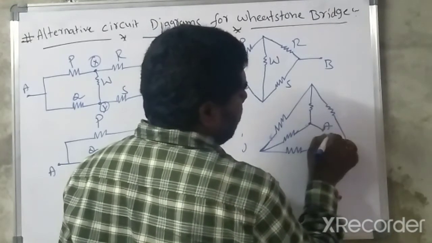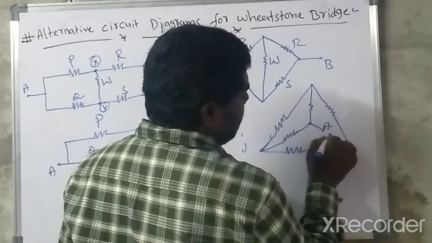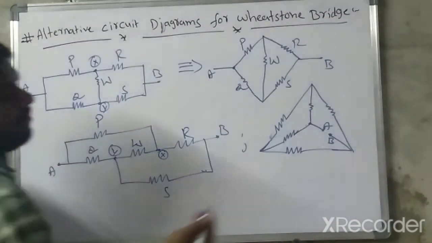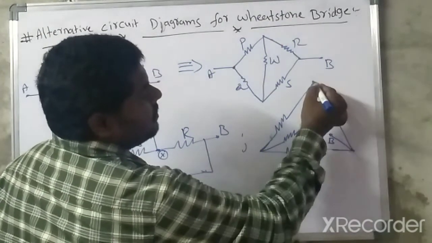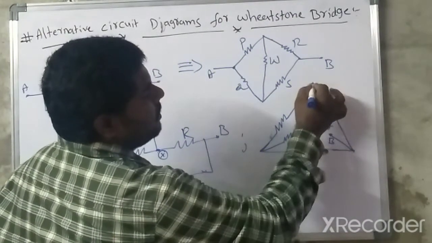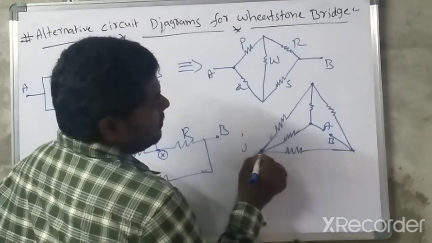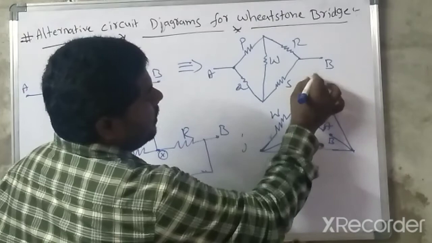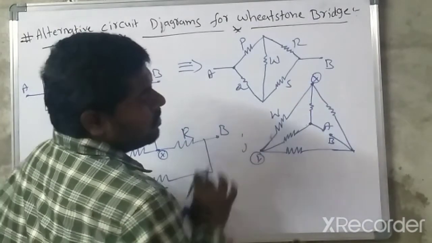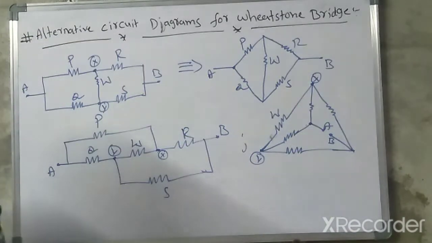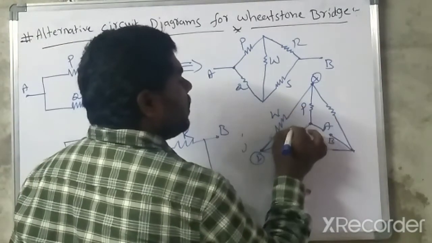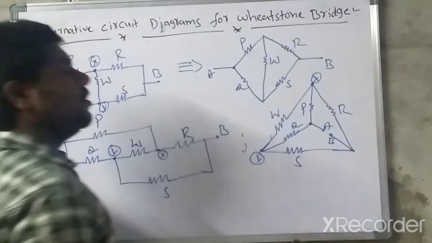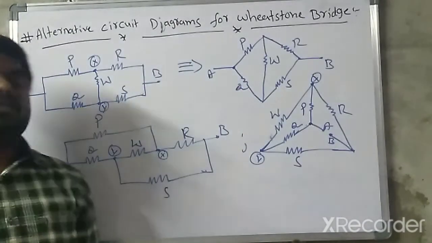This is A and this point is B. See here, at this B terminal, after crossing here and here, the potential here and the potential here are the same. That's why this is the same W potential. Here the X, here the Y. So the potential is the same. Here the P, here the Q, here the S, here the R. This one also looks like a Wheatstone bridge.